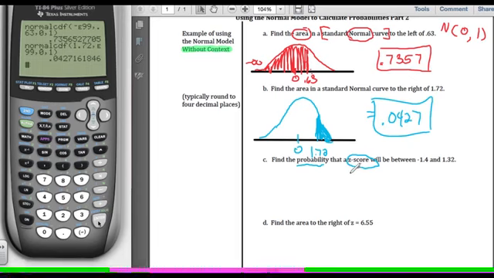Z-scores, as we saw back in chapter 3, are associated with that nice bell-shaped curve, that normal curve. They are also said to be on the standard normal. So I know my mean is 0, I know my standard deviation is 1, and I want the probability, which on the normal curve is normal CDF, between negative 1.4 and 1.32.